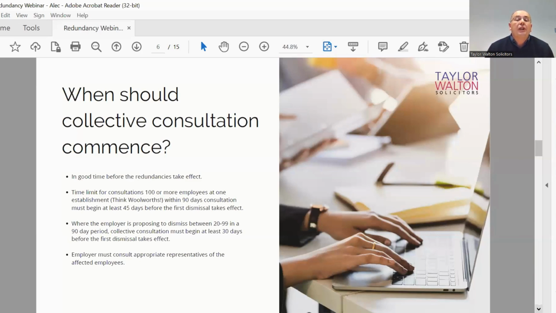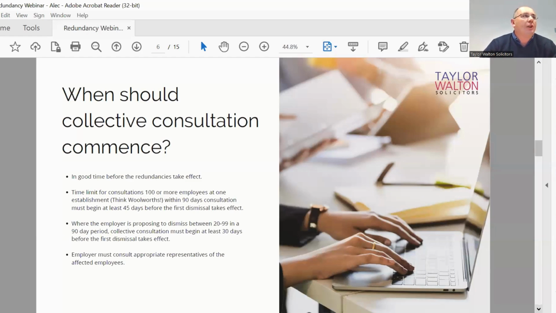Under the collective consultation arrangements, the employer must consult appropriate representatives of the affected employees. Now, you'll see in the slide that collective consultation is only required where there are 100 or more employees or 20 to 99 employees at, and I emphasize, one establishment.